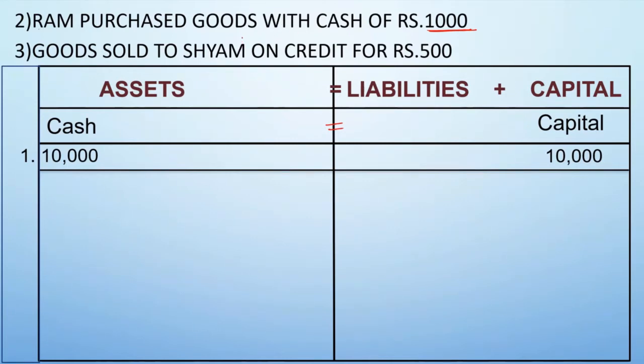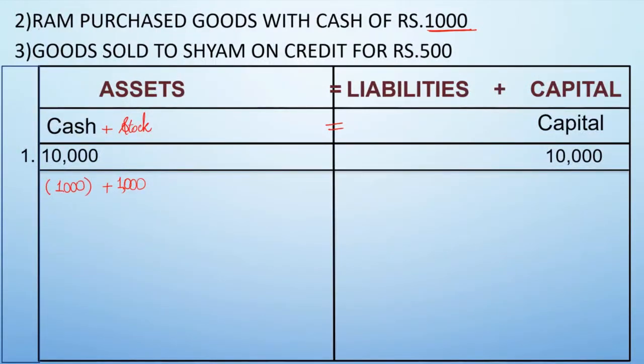Goods are the asset which is generated, and those goods are the stock for the business. So under the asset side we generate the new asset, the stock. Along with that, as we have purchased the goods on cash, it will also reduce the cash. So let's first increase the stock by rupees 1,000, and then reduce the cash by rupees 1,000.